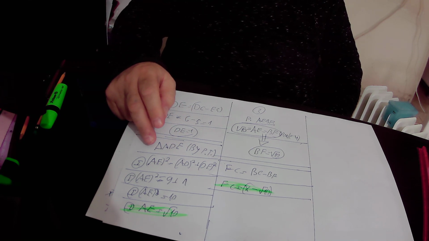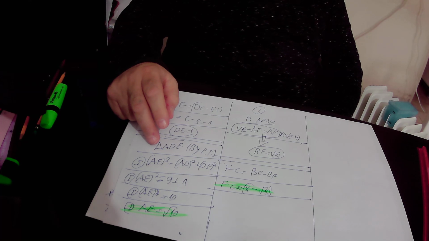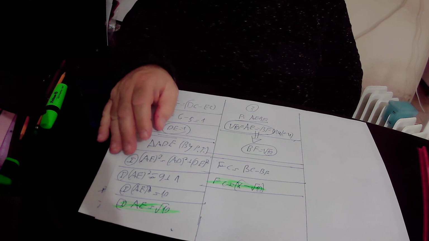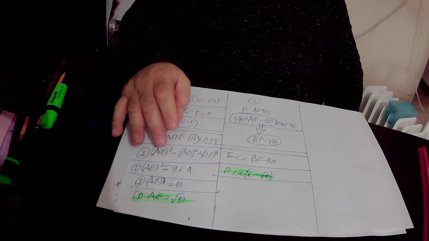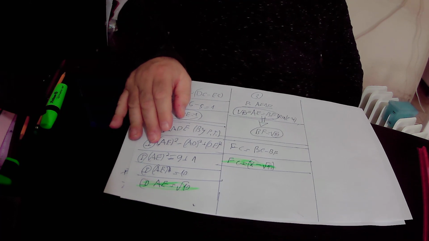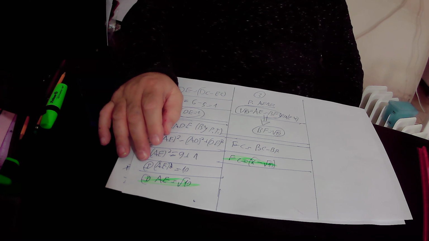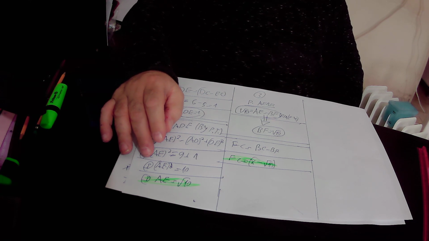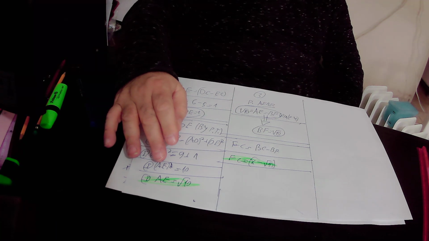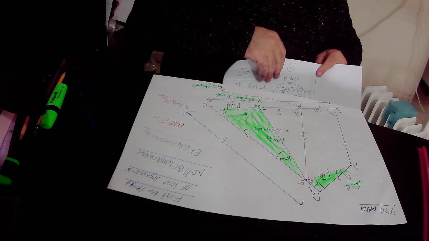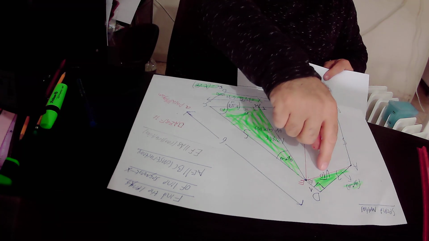AD equals 3, so AD squared is 9, plus DE squared, where DE equals 1, so DE squared is 1. So AE squared equals 9 plus 1, that is 10. According to equation number 1, AE equals the square root of 10 units.